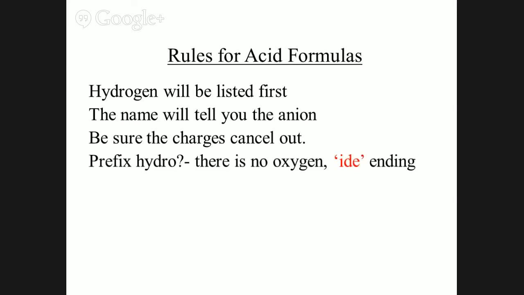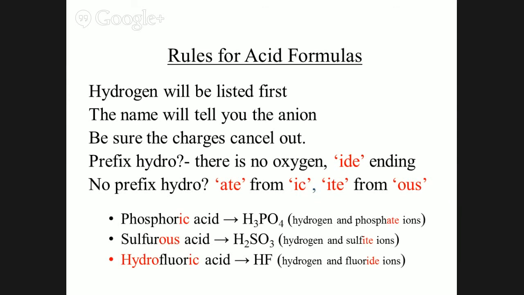Is there a hydro in the name? If there's a hydro in the name, then you know that you need one of the ions that ended in IDE. If there's not a hydro in the name, then you know that it ended in IC or OUS, and all the ones that end in IC came from ATE, and all the ones that ended in OUS came from ITE.